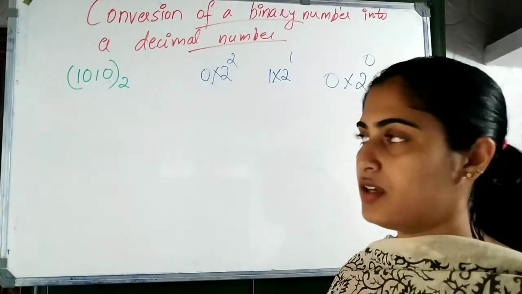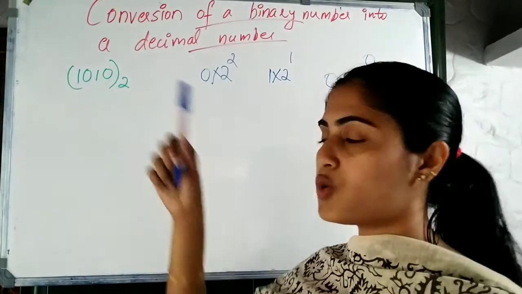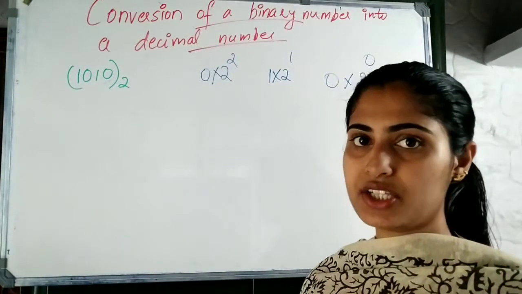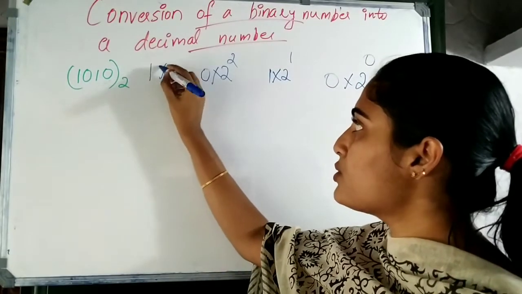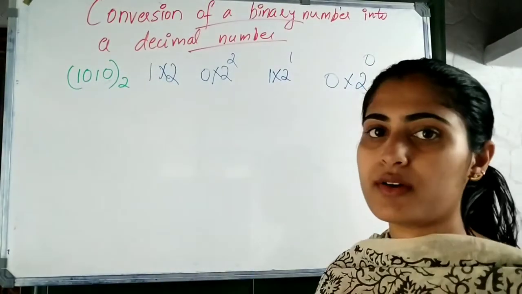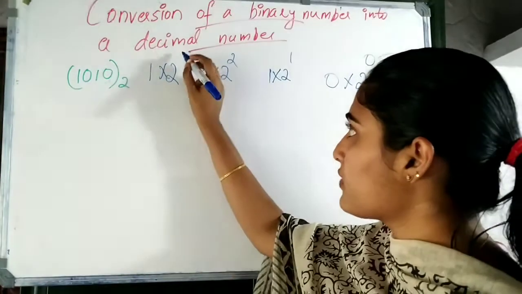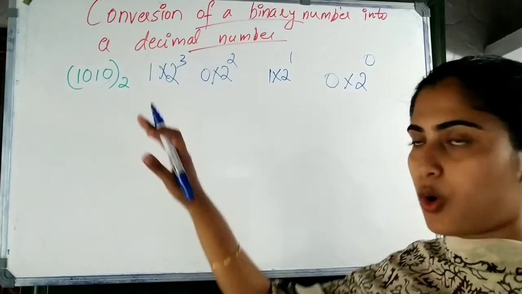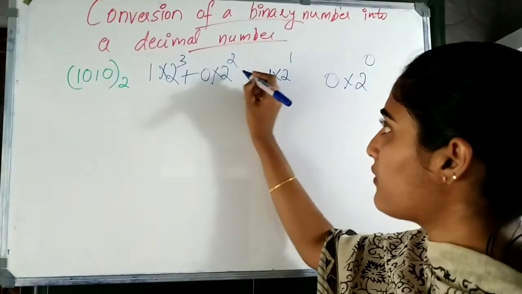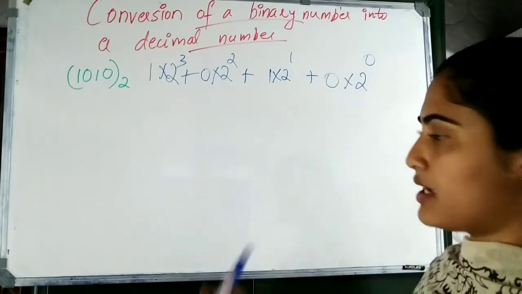And then moving on to the thousands position. The digit at thousands position is 1. So 1 into 2 raised to, and the power for thousands position is 3. And let us add all these cases.